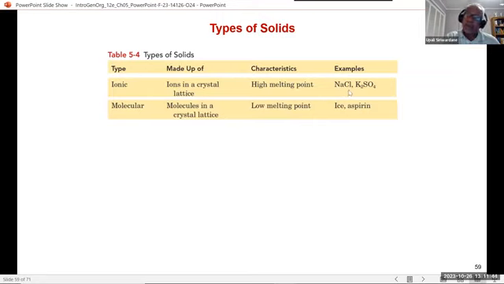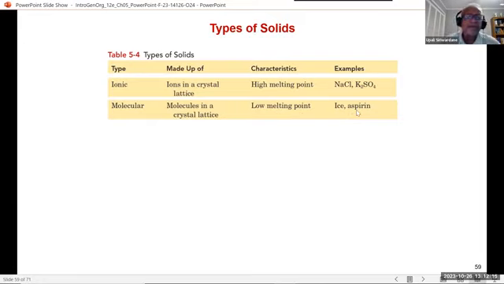Examples are table salt, sodium chloride, and potassium sulfate. Molecular solids, on the other hand, are formed by covalent compounds like water, which has a crystalline lattice, ice. They have a lower melting point. Examples are ice and aspirin.